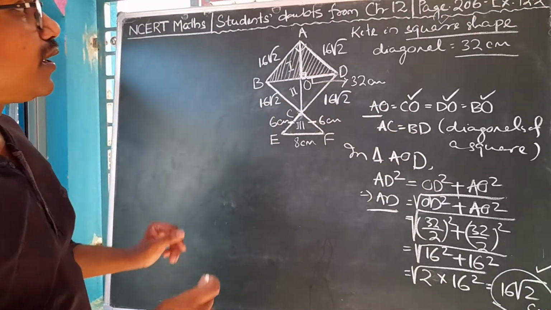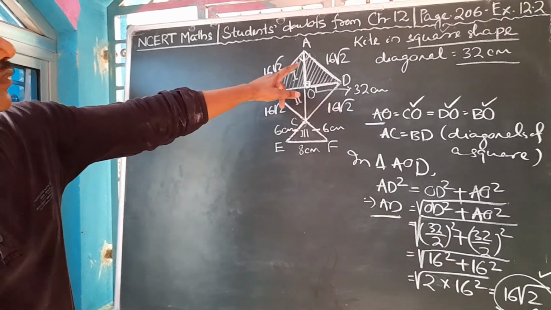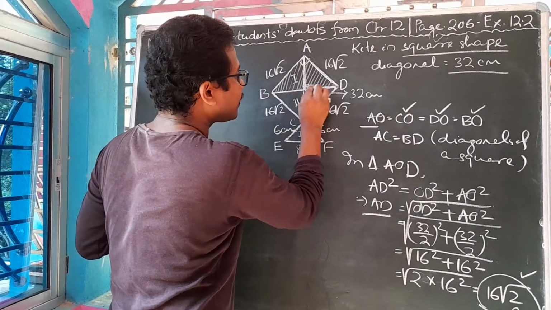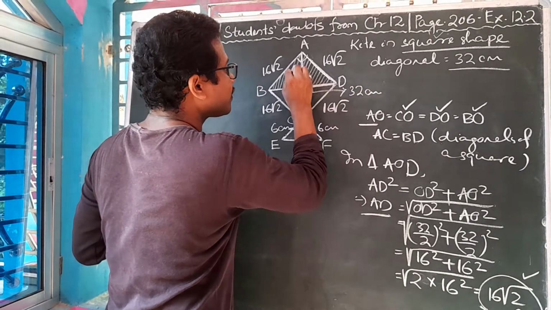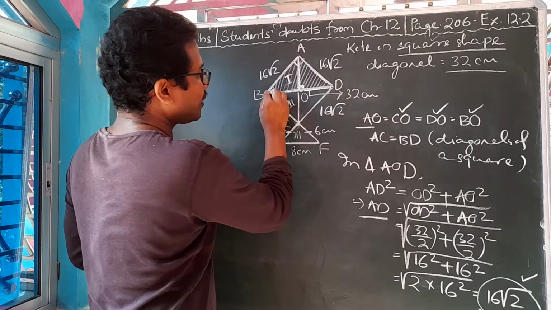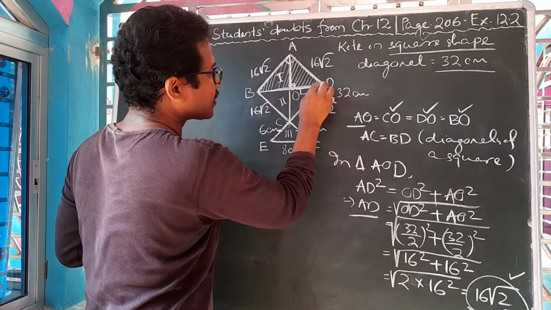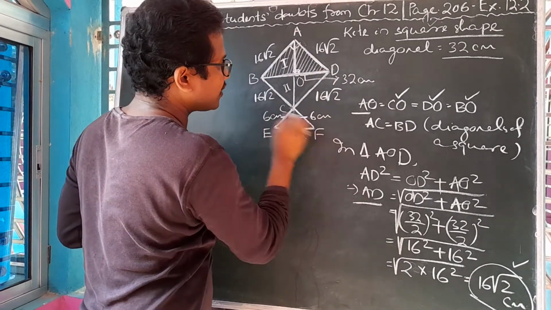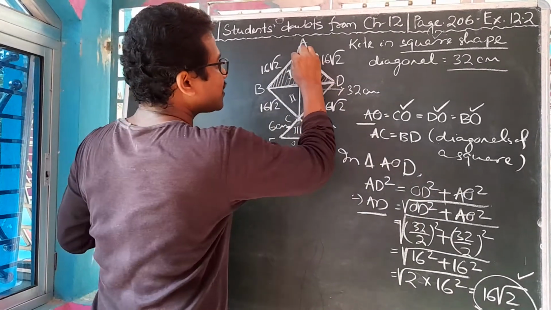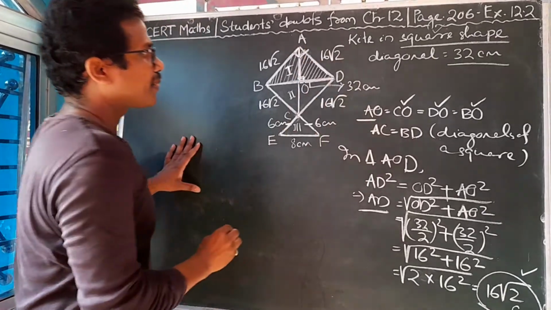And now we have to find out the area of part 1, then area of part 2, then area of part 3. So how to find out the area of part 1? You know that this is a square, so this angle is a right angle.